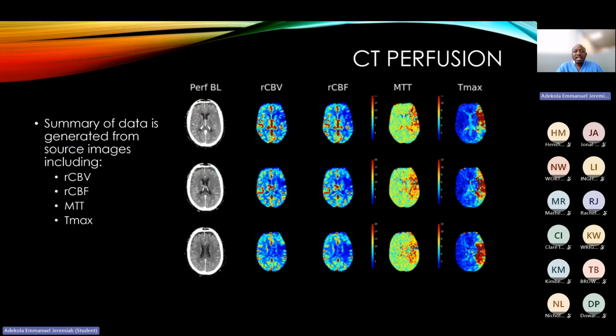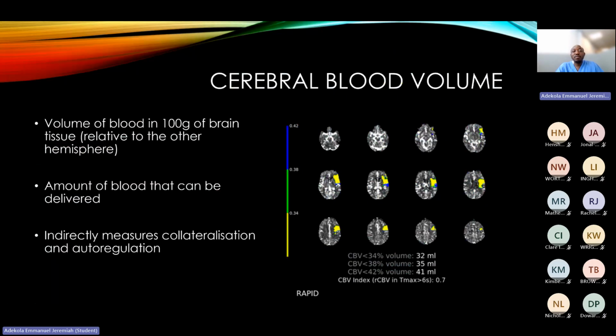Now, when we look at CT perfusion, we're looking at the cerebral blood flow, the cerebral blood volume, and also the MTT, mean transit time, and the Tmax. The cerebral blood volume is the amount of blood flowing through 1 gram of the brain tissue compared to the other hemisphere that is not affected by the stroke.